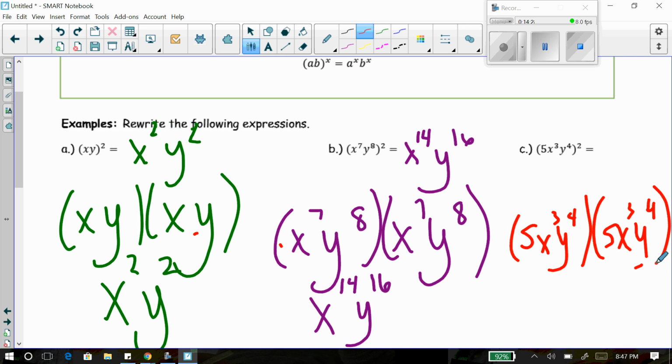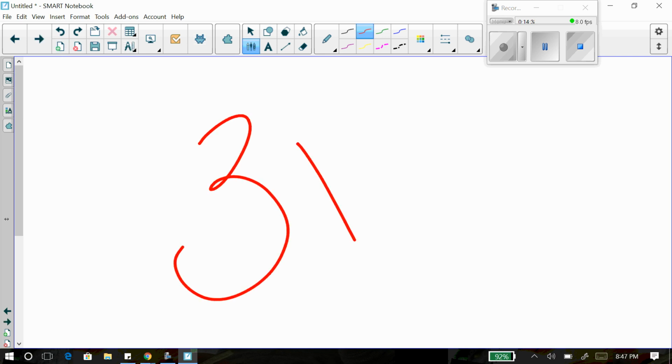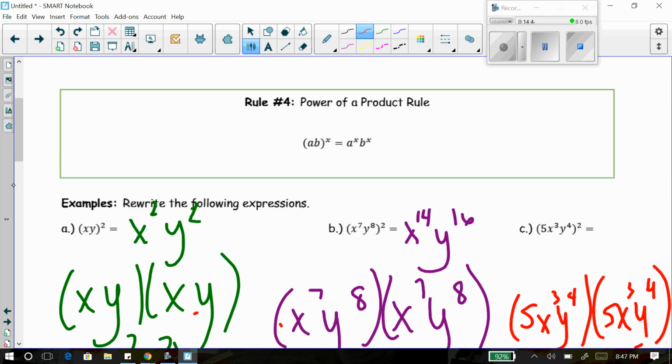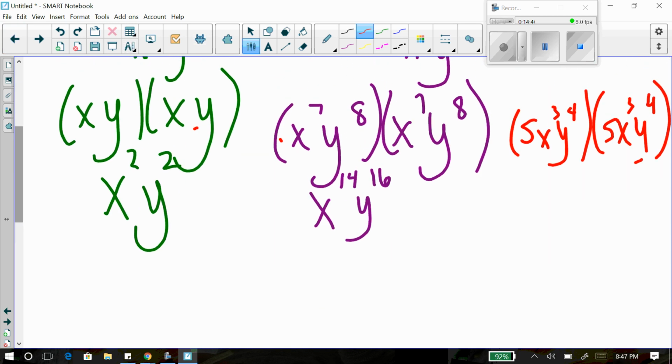So remember, when you multiply, numbers are numbers. Coefficients, which are just numbers in front of variables. So for example, here, 3 is the coefficient. It's the number in front of the variable. So coefficients for this are just going to get multiplied. 5 times 5 is 25.